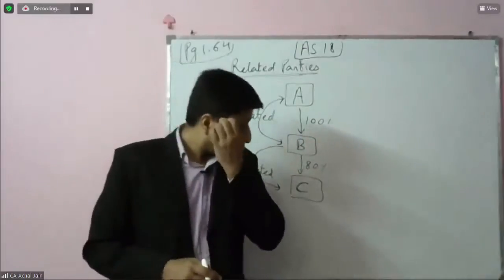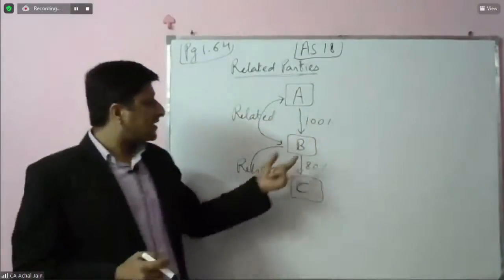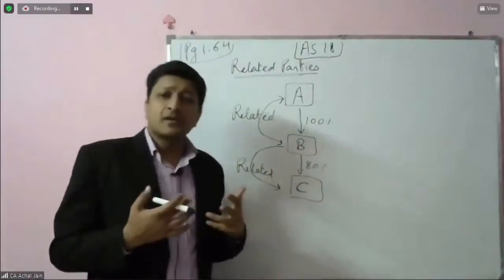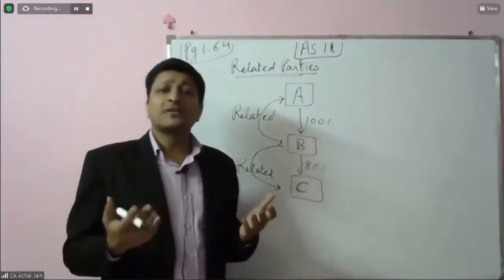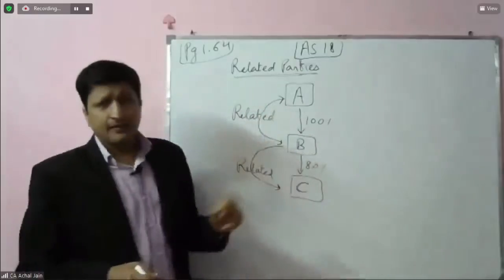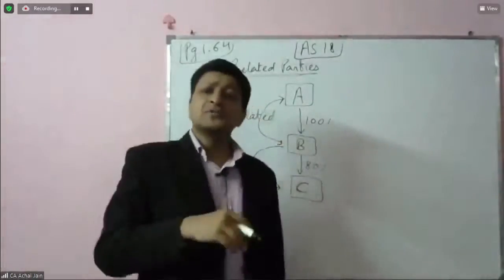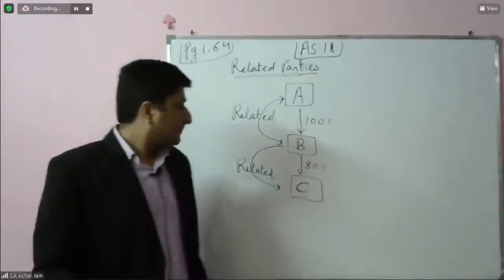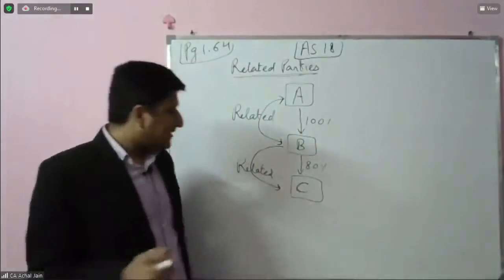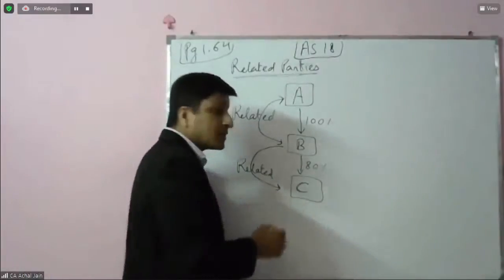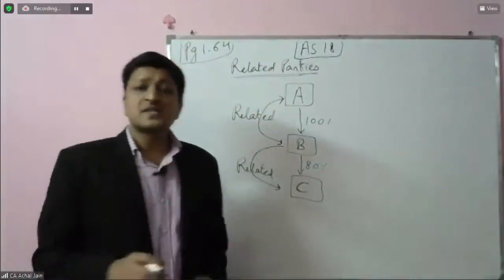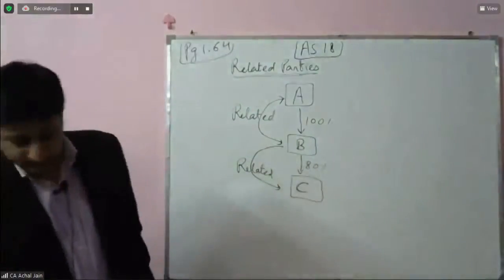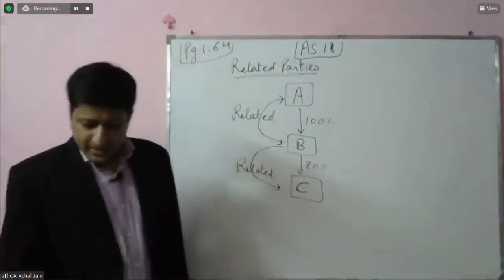Means today, as regards the decision making of B, who will have the power to give the directions? It's A. Why? Because 100% shares of B are held by whom? A. For C, it's again the same case. Why? Because majority of the shares of C are held by whom? It's B. Correct?